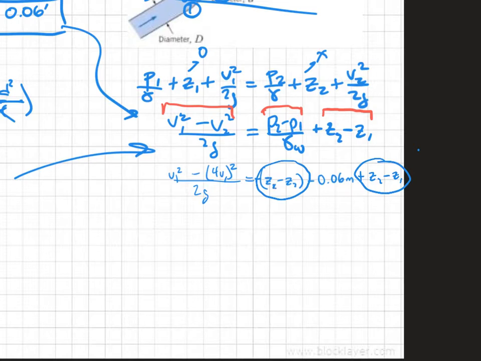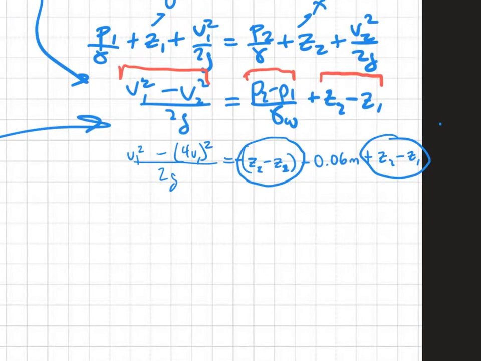Sorry, Z2, Z1, yes. Then I only have one unknown left, and that's over here. So I get negative 15 V1 squared over 2g equals negative 0.06 meters. Notice the negative signs go away. They have to because we have a square and we're going to end up taking a square root, so there's no way for this to work out otherwise.